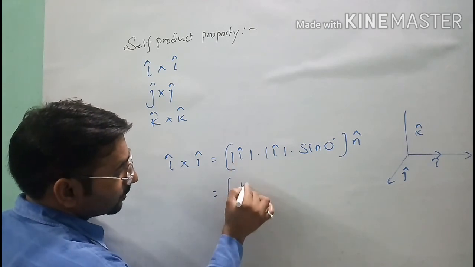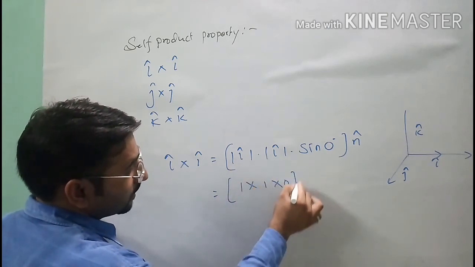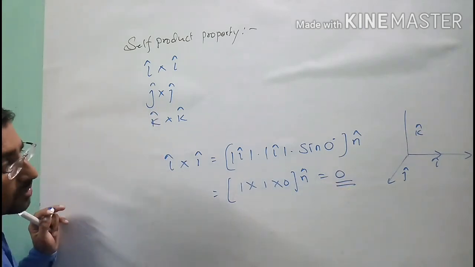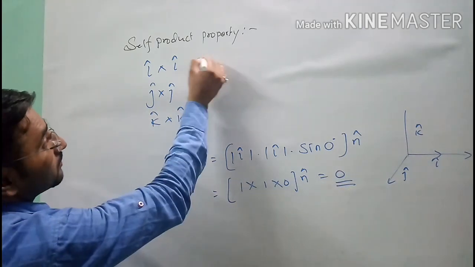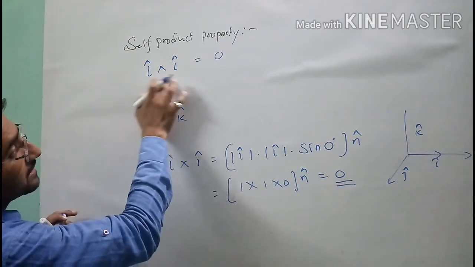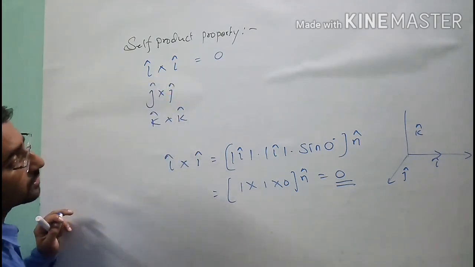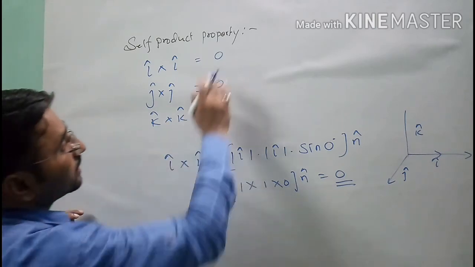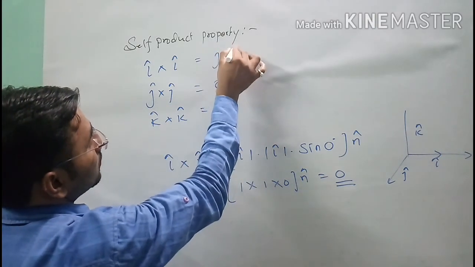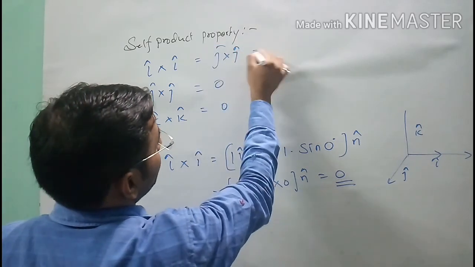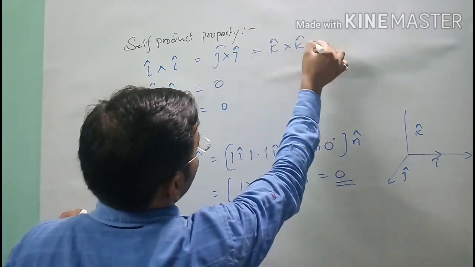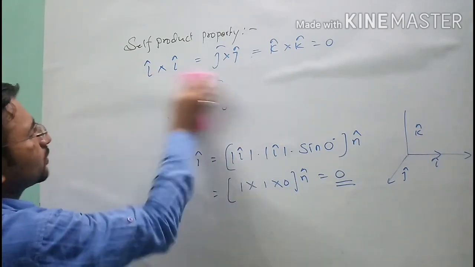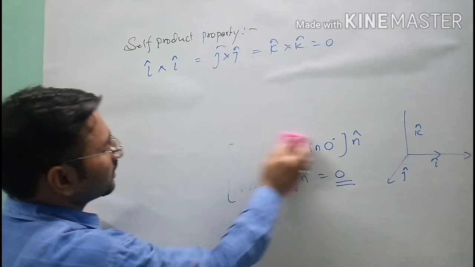The magnitude is 1, 1 and sine 0, times n cap, and finally we get the answer 0. So i cross i is equal to 0, and similarly j cross j and k cross k. So i cross i, j cross j and k cross k are all equal to 0. This is the property called the self cross product property for this condition.